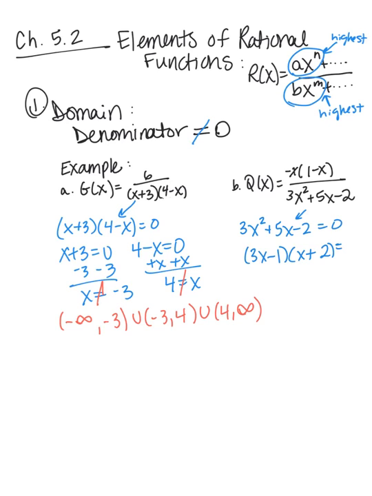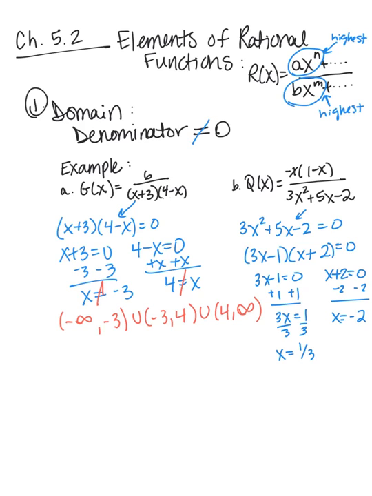Once it is factored, then I'm going to set each factor equal to 0 and solve. So I've got 3x equals 1. So x is 1/3. And x is negative 2.